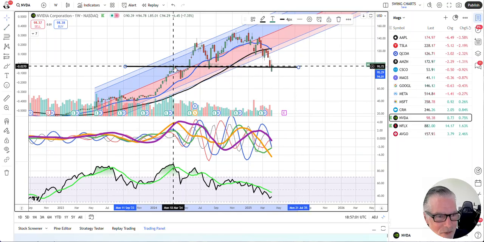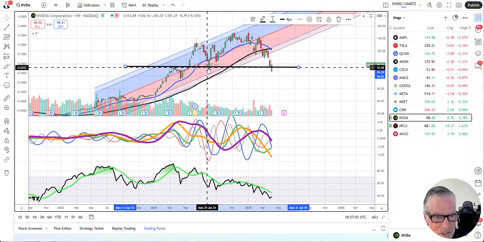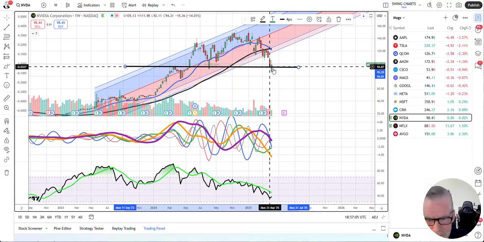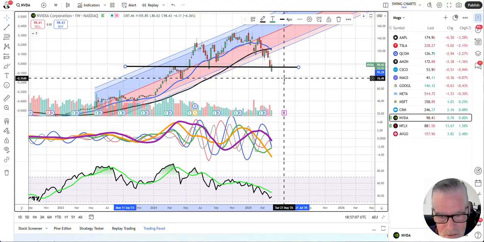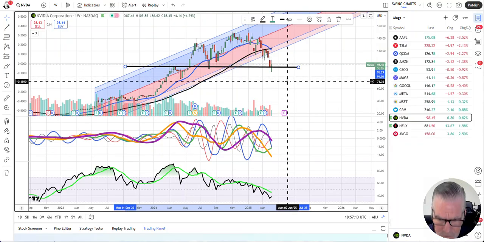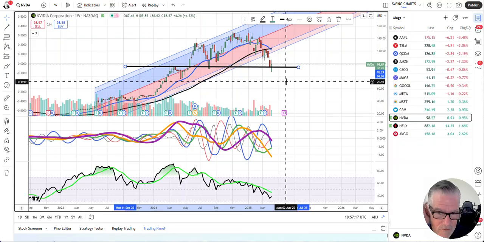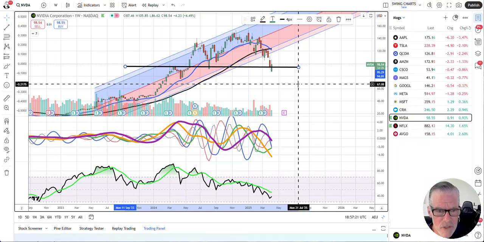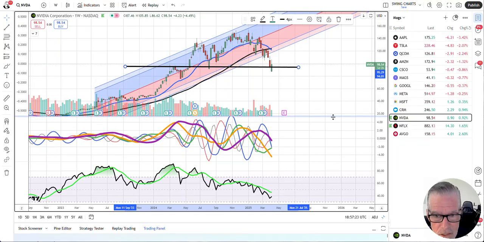But here, resistance, support, support. It cracked yesterday when it opened below that level, but it's rallied back up and we're now above. So watch the 100 level. Once we get back up above the 100 level for NVIDIA, and we were there this morning, it should start to get a good rally going.